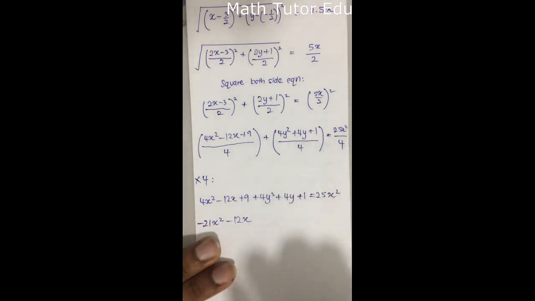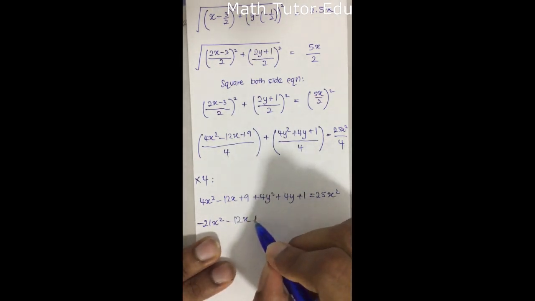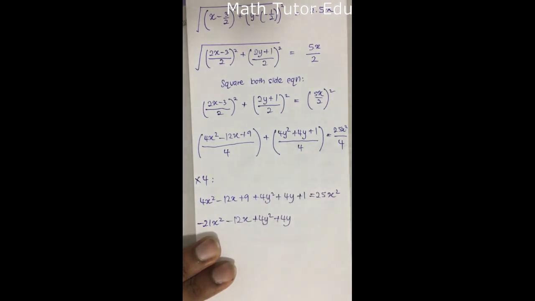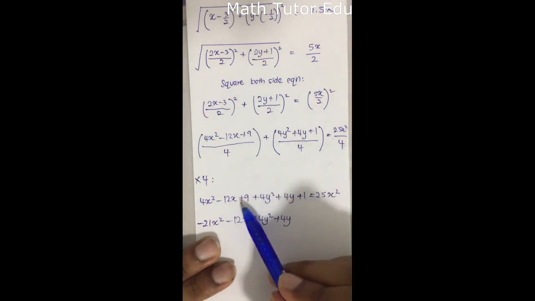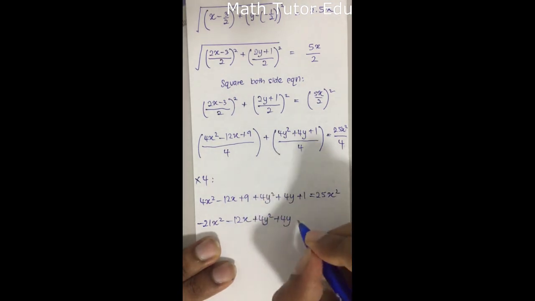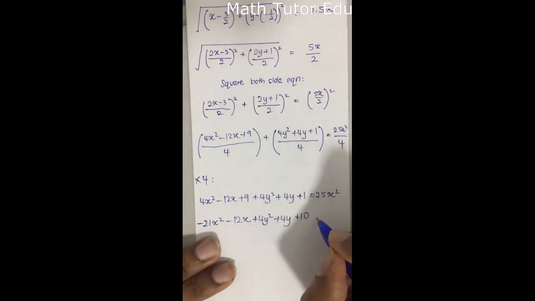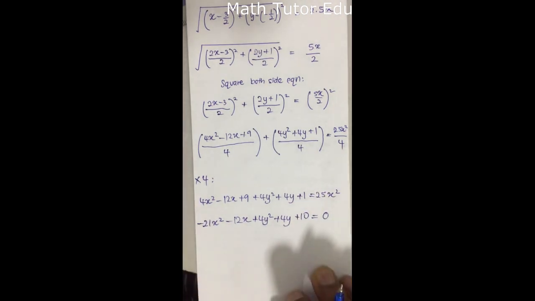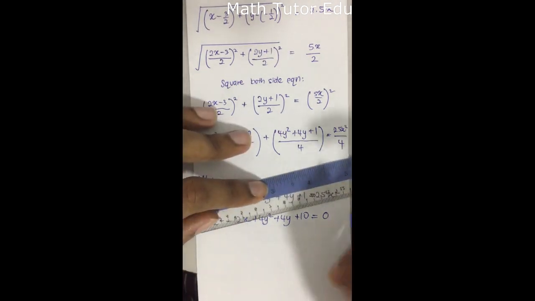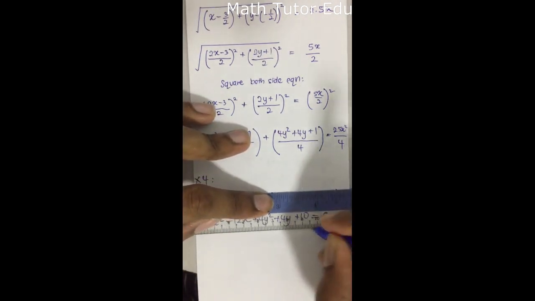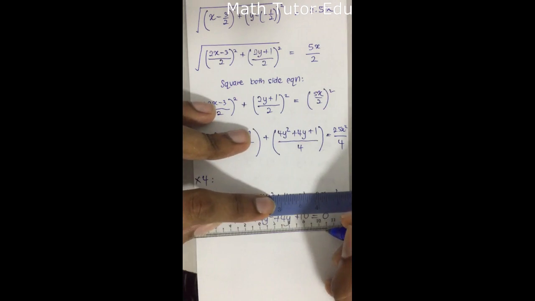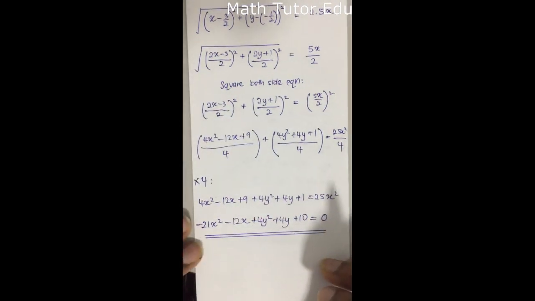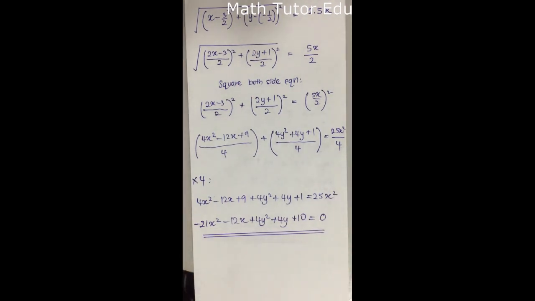Followed by the y variable, plus 4y squared, and then plus 4y. Then you add the two numbers, 9 plus 1, plus 10 equals 0. Okay, so this is your equation of locus of P, guys. This is your answer for question part B.